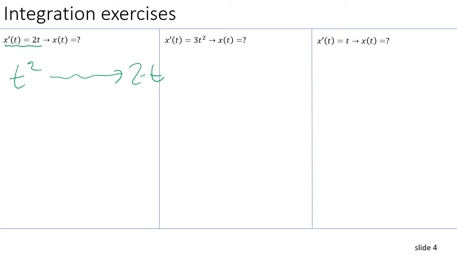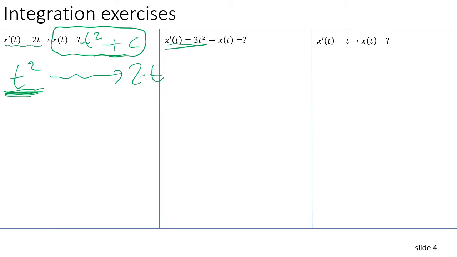And there we go, we got our answer. If 2 times t is the derivative of t squared, then t squared is the integral of 2 times t, except this is an indefinite integral, so we also have to add c. Our final answer is t squared plus c.